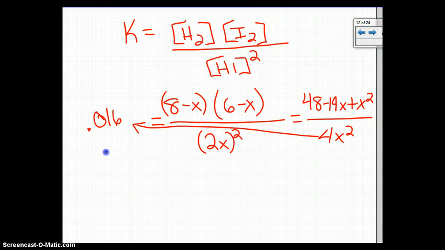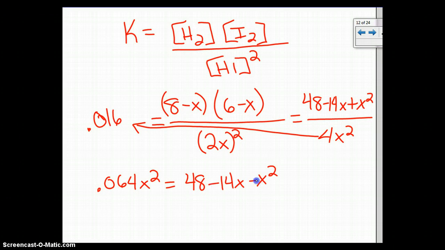So 4 times 0.016 is going to give us 0.064x squared equal to 48 minus 14x plus x squared.